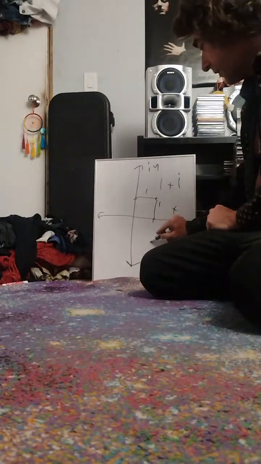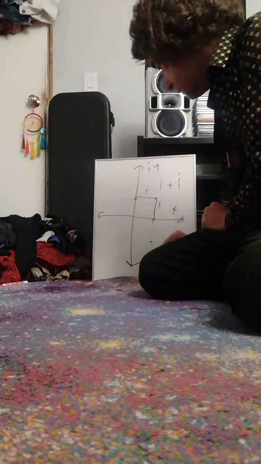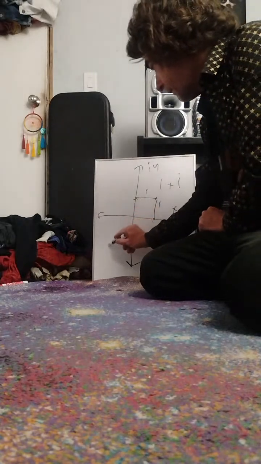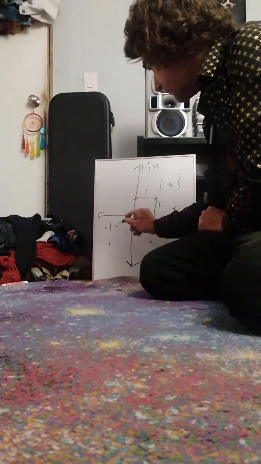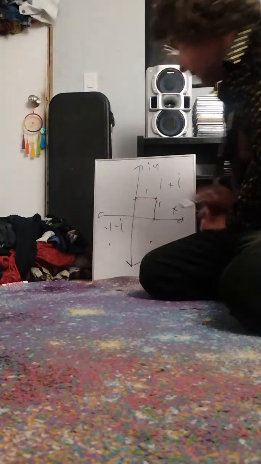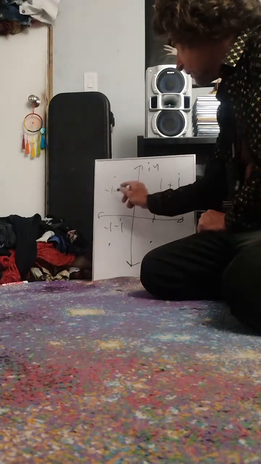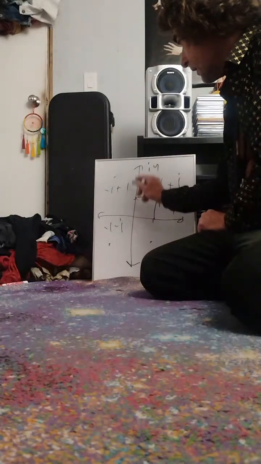This point here might be 1 minus i. This point might be -1 minus i. And this point could be -1 plus i.